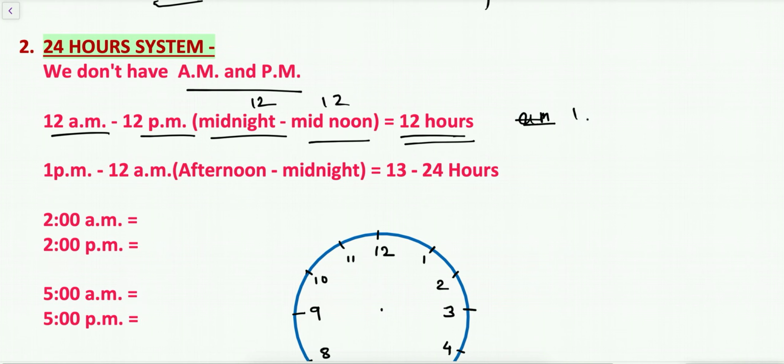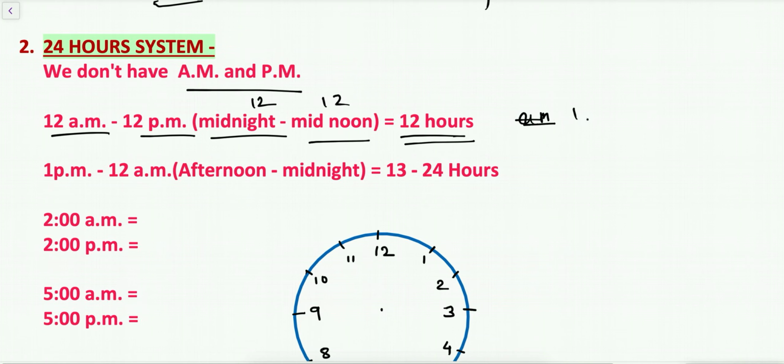Now how will we write it? 4 hours plus 360 minutes, where 360 minutes is converted to 6 hours. So 4 plus 6 hours is equal to 10 hours. So this is the conversion.